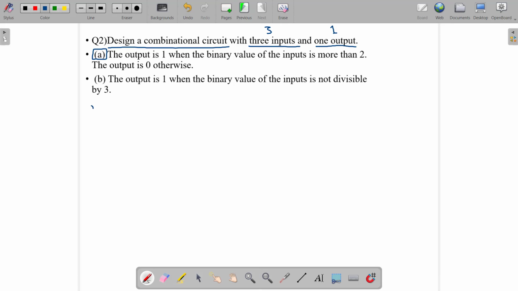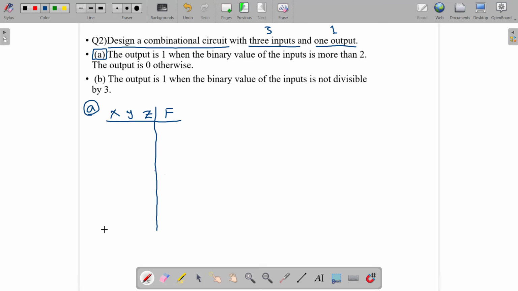So for the section A, we have to find the relationship between input and output and assign the variables to each input and output. So we say x, y, z for the input, and for example f for the output.